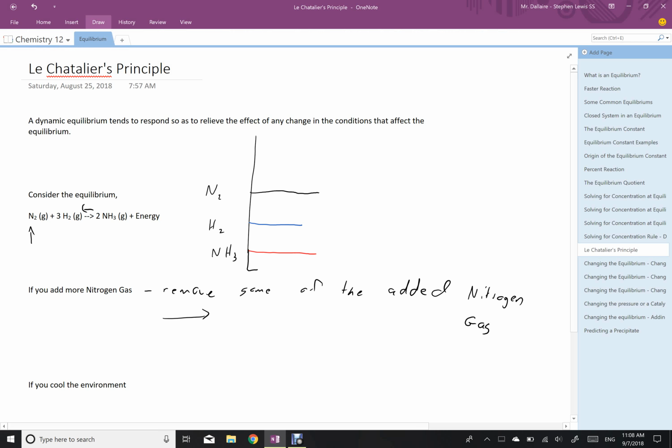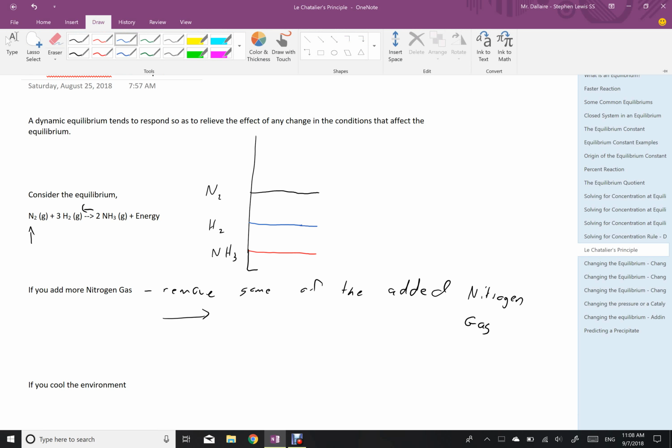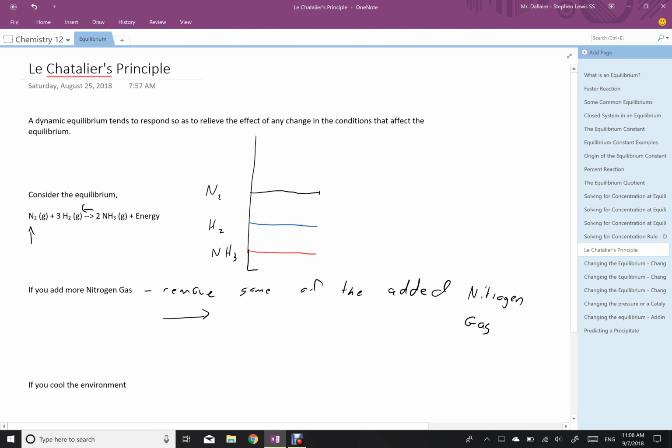So the idea is I'm kicking along with these concentrations in equilibrium so they become stable. Then I'm going to dump a bunch of nitrogen gas in my system. So that's the introduction of that nitrogen gas. The system is then going to tend towards the right. It's going to use up some of the nitrogen gas.